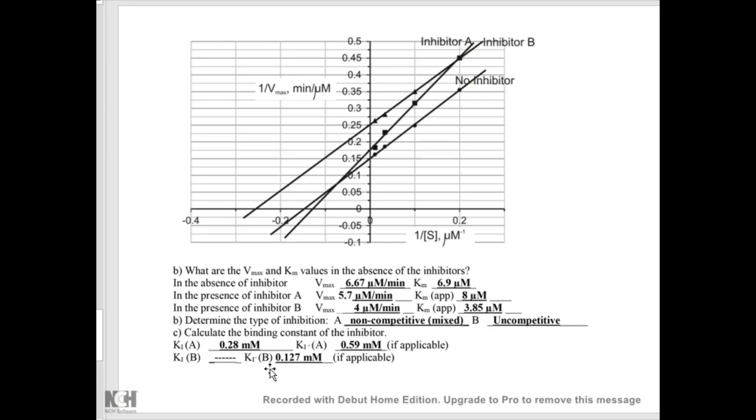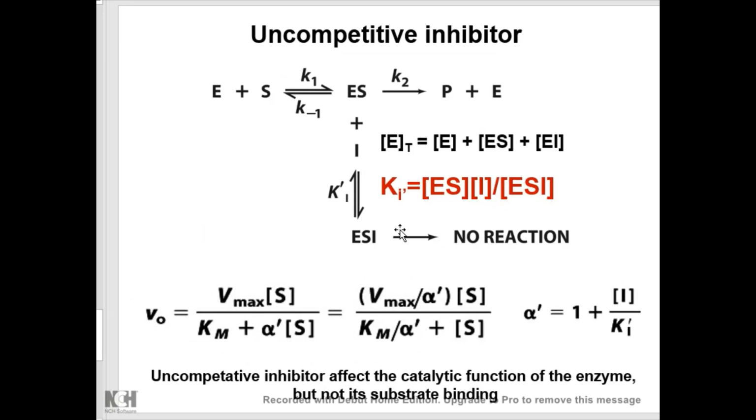Okay, let's take a look how we determine Ki prime in uncompetitive inhibitor case. So just to remind you the slides from the lecture. When we deal with uncompetitive inhibition, our enzyme substrate complex forms a complex with inhibitor, and this tertiary complex doesn't produce any products.